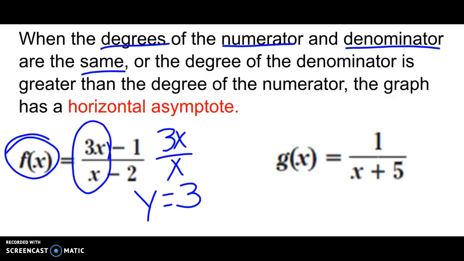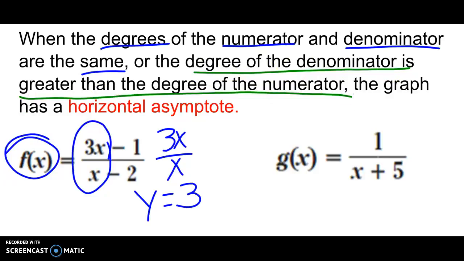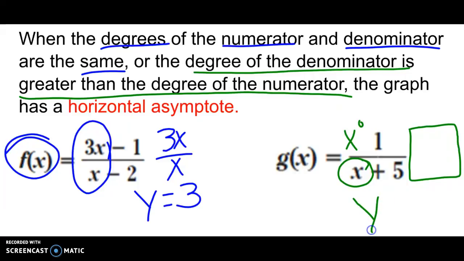Now, in the case where the degree in the denominator is greater than the numerator, like this is x to the 4th and this is x to the 0 power, all right, you're going to have whatever's happening over here, okay, and if it's not having anything added on, like in this case, your horizontal asymptote is at 0, okay?